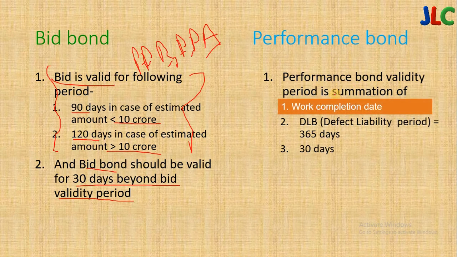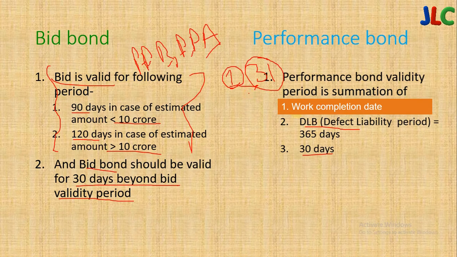Performance bond is valid for DLP period and 1 month extra. Suppose you start work at 1st January and end at 31st December, then this is the work period.